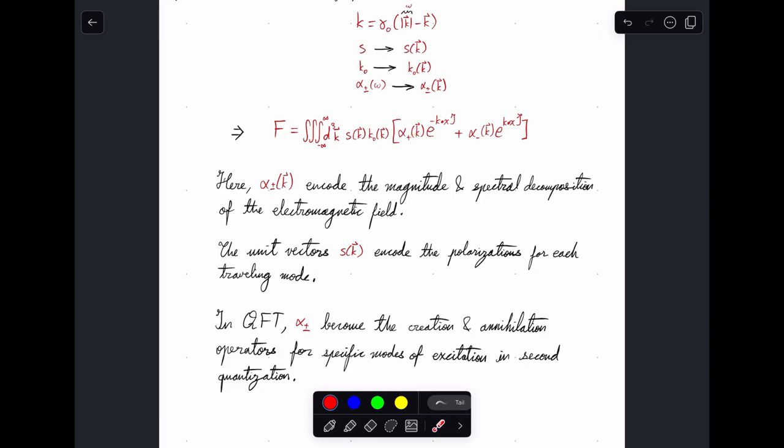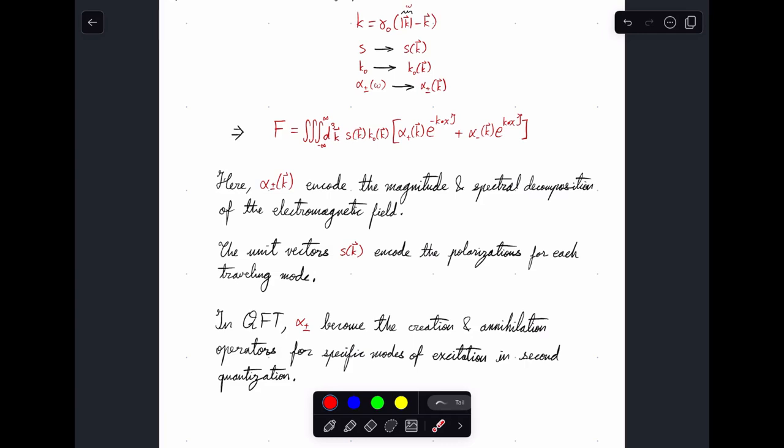And this would create particles, or this would create energy, and this would remove energy. It's a bosonic field, not a spinor field. And then what this says is just that these are unit vectors encoding the polarization for each k, each wave that is associated to a vector k, this encodes the polarization.